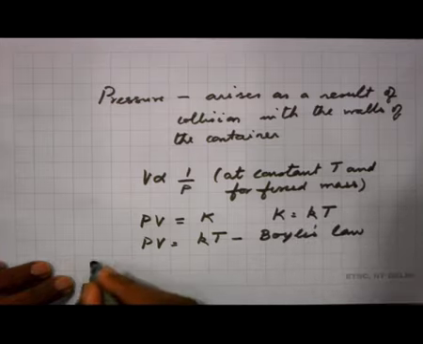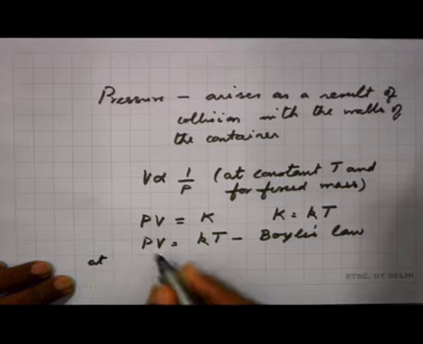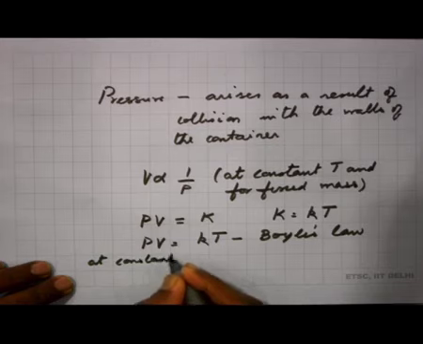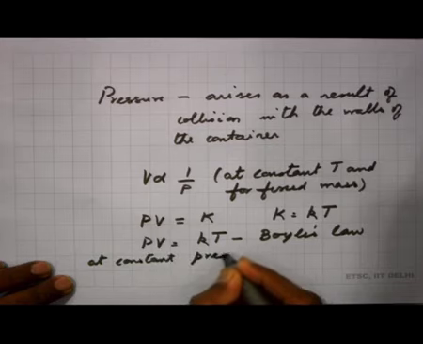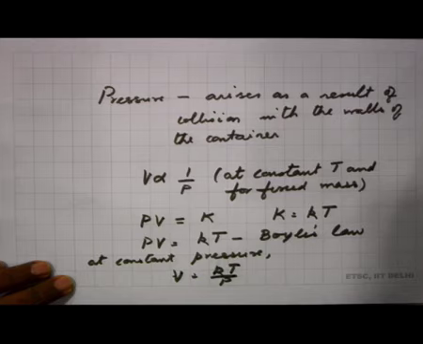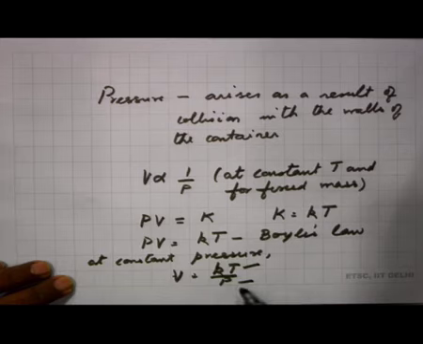Now, at constant pressure, first we say that V is equal to kT over P, and for the same mass of gas, k is a constant and pressure is a constant.